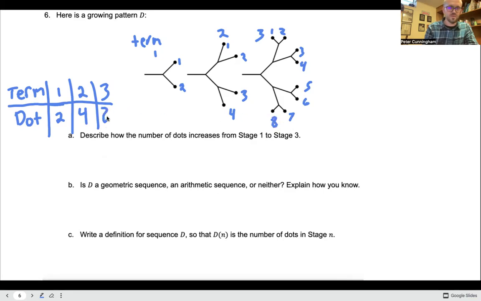All right, so I like tables. They help organize things for me. I see here that I'm going 2 times 2 is 4, 4 times 2 is 8. So describe how the number of dots increases from stage 1 to stage 3. So start with 2 dots.